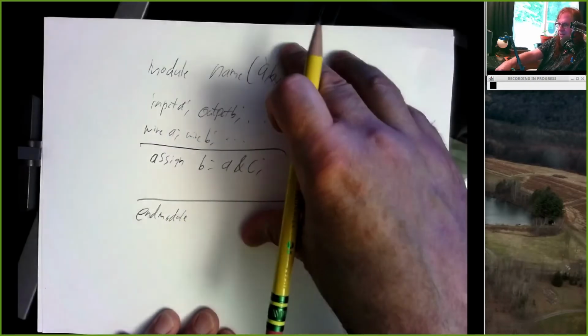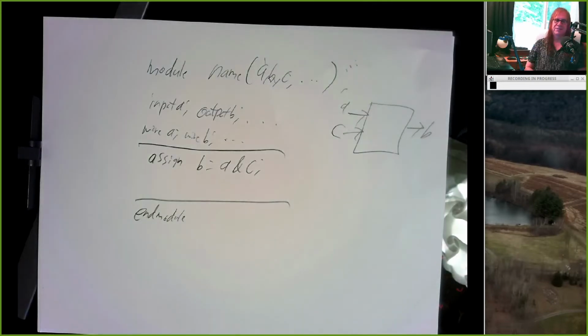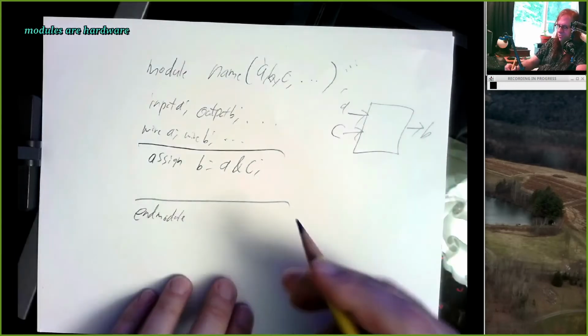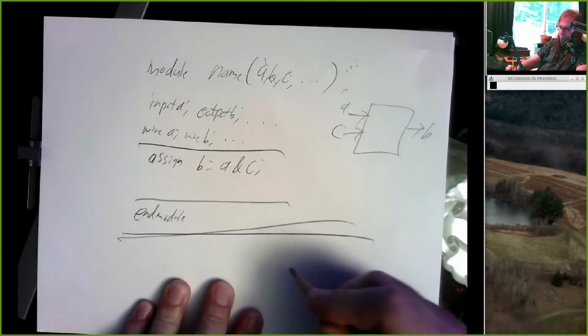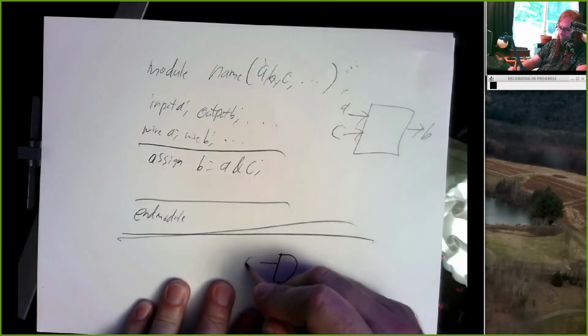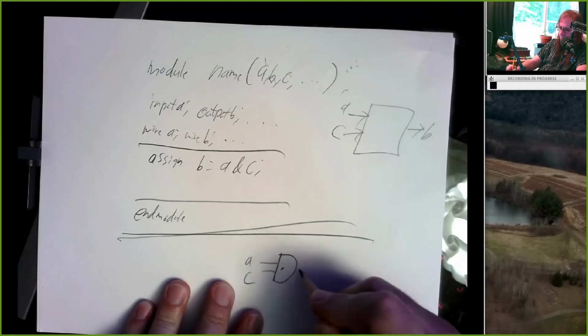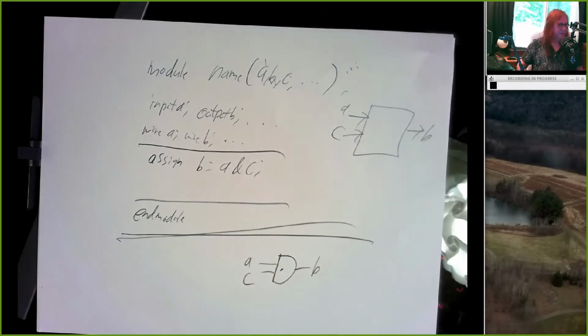And this is not representing a sequence of steps like in a program, right? Modules represent hardware. So this is a description of this. Right? It's an AND gate, but it's a piece of hardware.